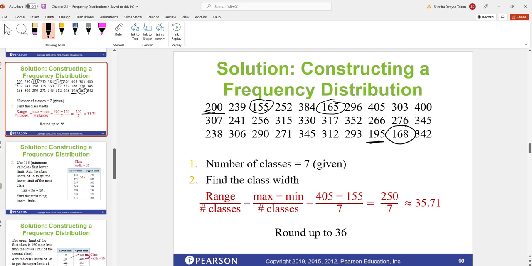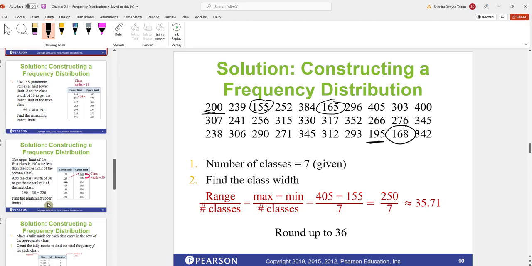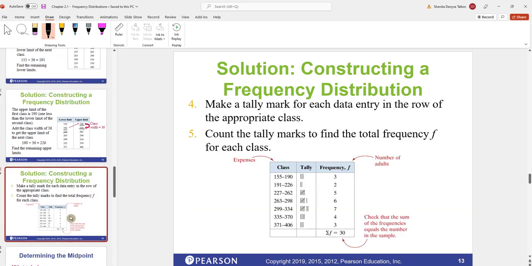Those 2 values fall within the 191 to 226 class. And you just keep going. As you can see, I have my frequencies over here to the right. Your frequencies should add up to the number of data values that you have. We had a total of 30 data values, and that's what this frequency column will add up to. It should add up to 30.